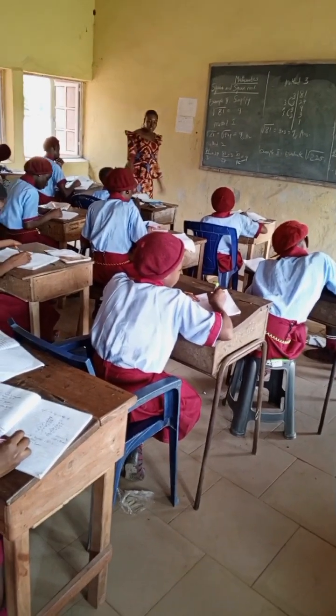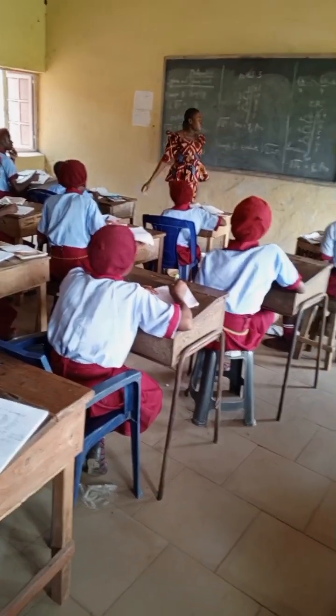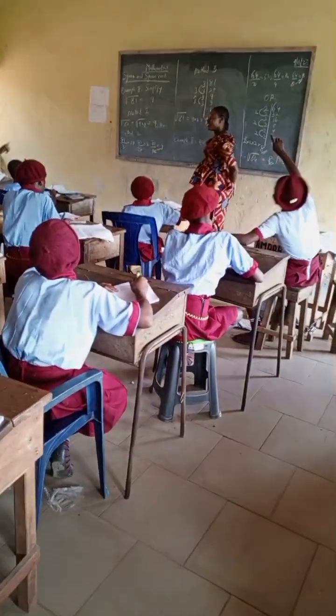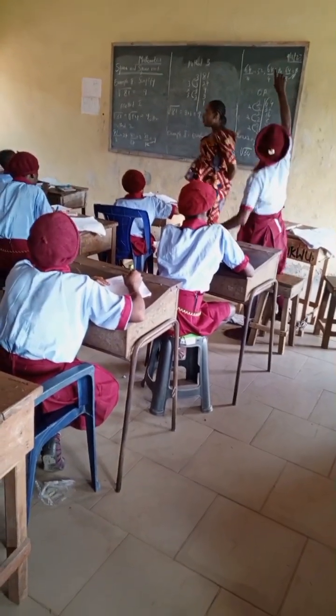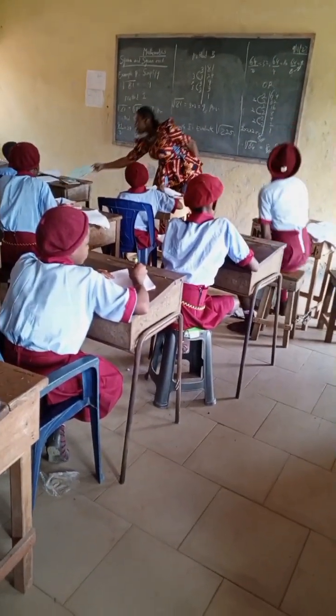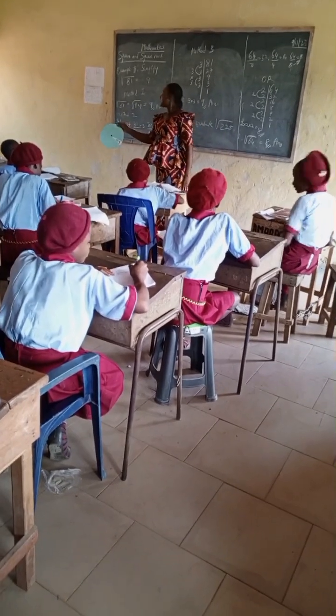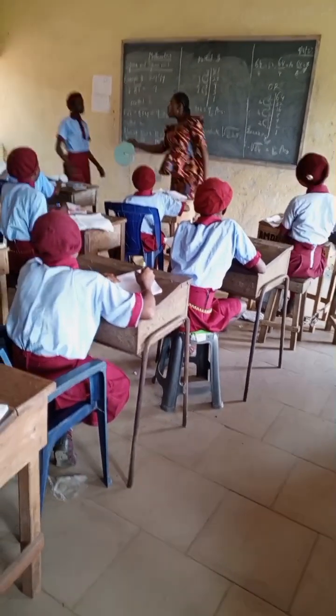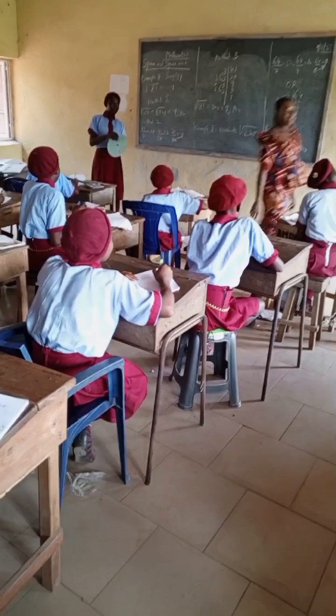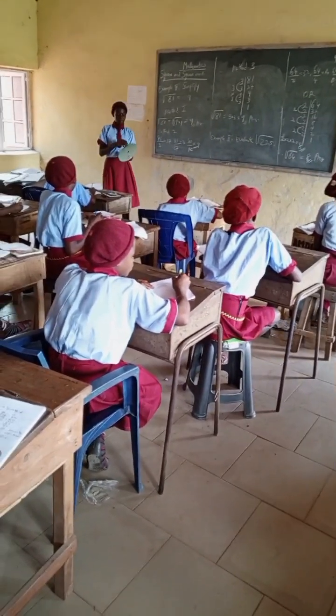I want someone to use the model and find the square root of 225. Find the square root of 225.